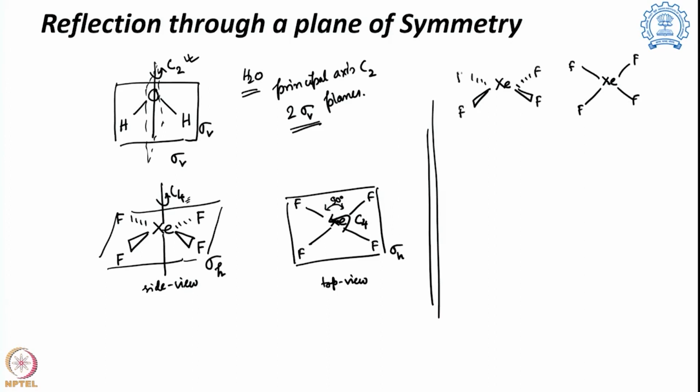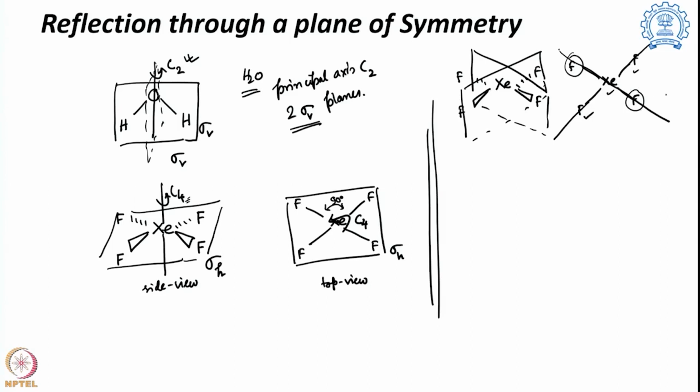Now you can see there are other sigma planes also present going through the opposing fluorines. One is this particular plane, another is this particular plane. Each of them contains one fluorine, the xenon, and one fluorine, and the other two fluorines will be reflected, and vice versa.